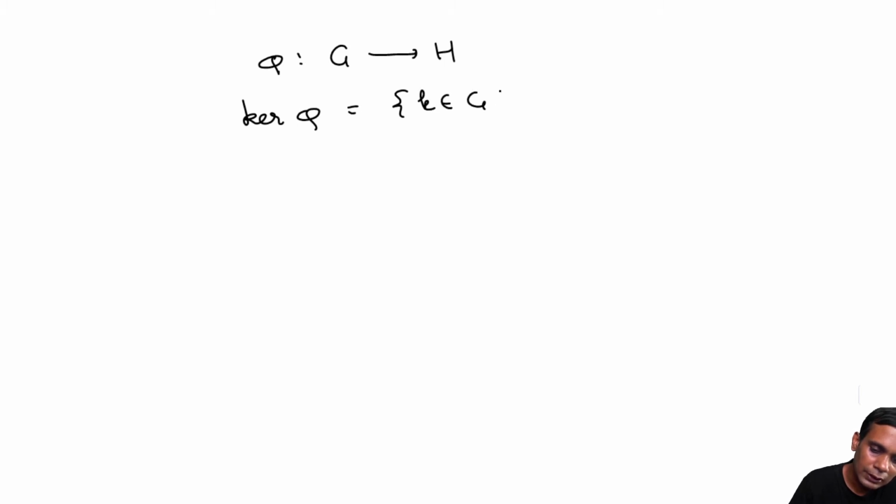So recall that if you have a group homomorphism phi from G to H, then you can talk about the kernel of phi, the set of g in G such that phi of g is the identity of H, and you can also talk about the image of phi.